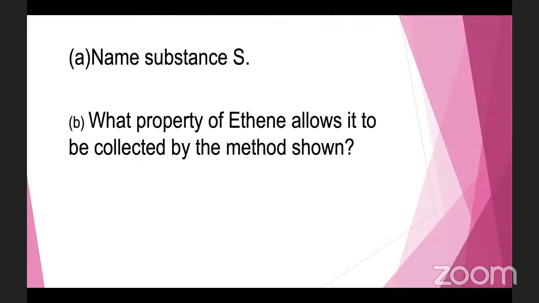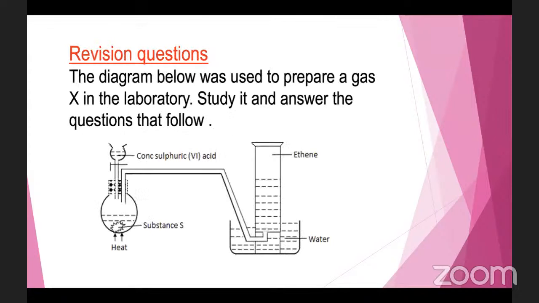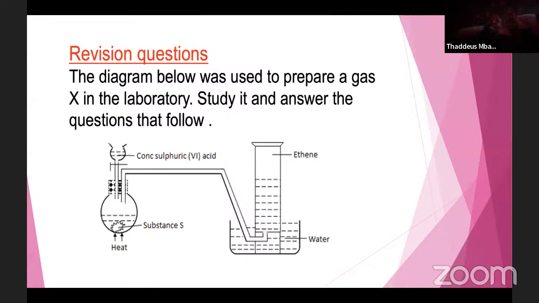Now, what property of ethene allows it to be collected by the method shown? It is slightly soluble in water. Remember, all gases are slightly soluble in water, except what? Ammonia. Except that, for all the gases that are collected over cold water, we say they are slightly soluble in water, except hydrogen, where we say it is insoluble.